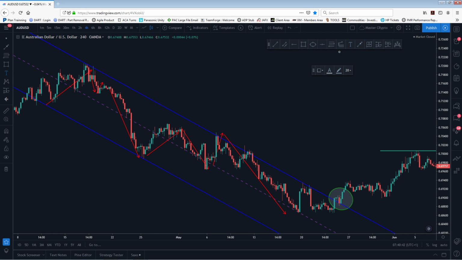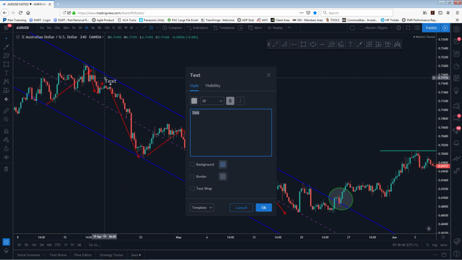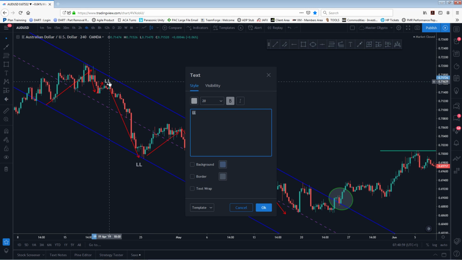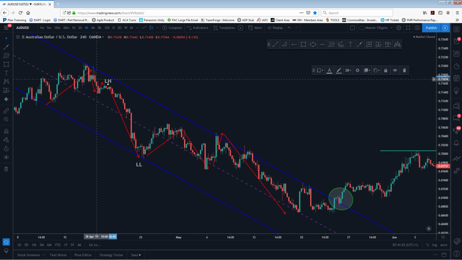And I also want you to do this, because all these arrows, this is a lower low. Sorry, this is a lower high. I want you guys to practice this because you're getting your lower lows and lower highs wrong.